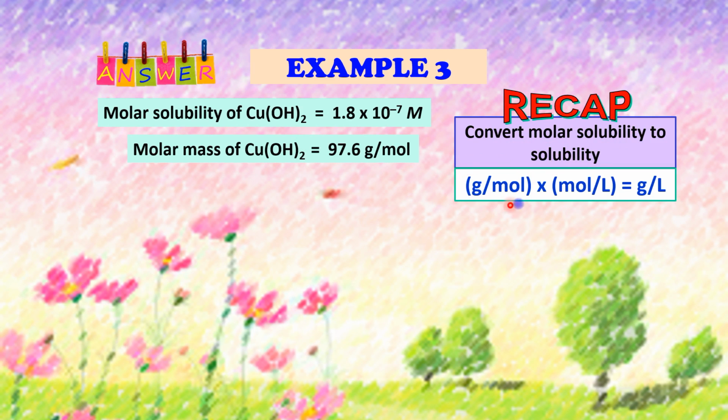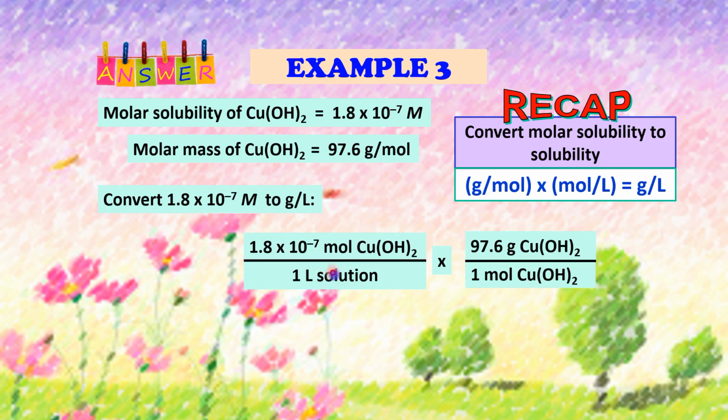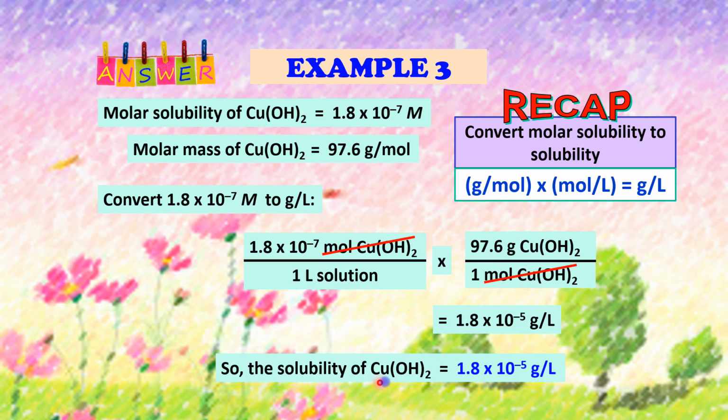So, molar mass times the concentration or the molar solubility. So, we'll get here gram per liter, which refers to the solubility. Okay, alright. So, we can cancel out the unit of mole of copper hydroxide. Okay, and finally, the final unit here is gram per liter. Okay, so the solubility of copper 2 hydroxide is 1.8 times 10 power of negative 5 gram per liter.